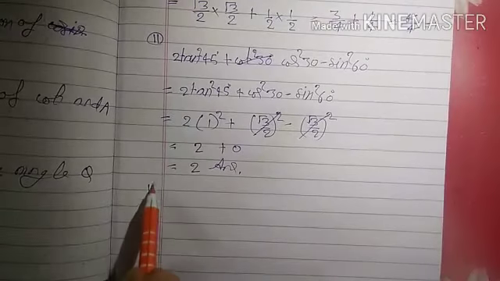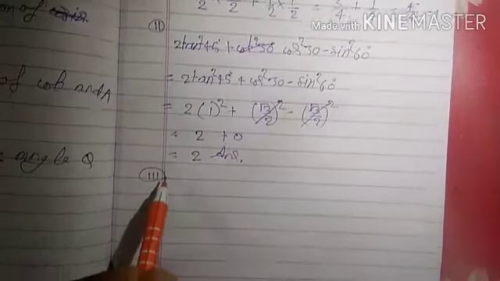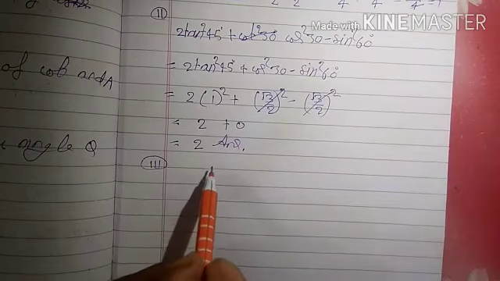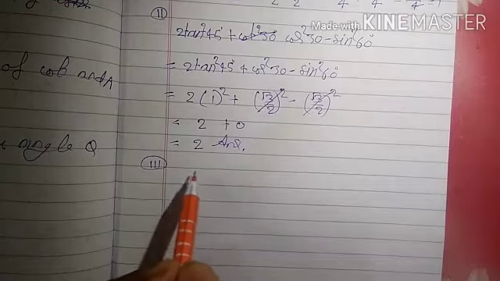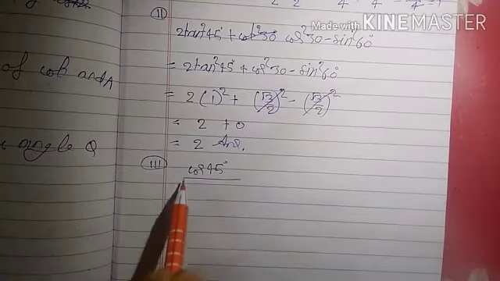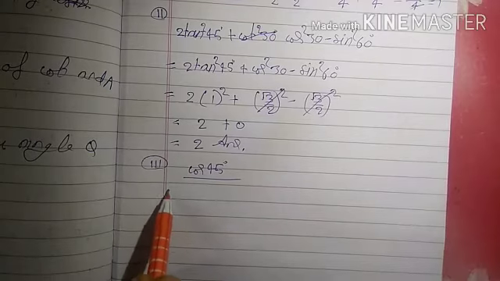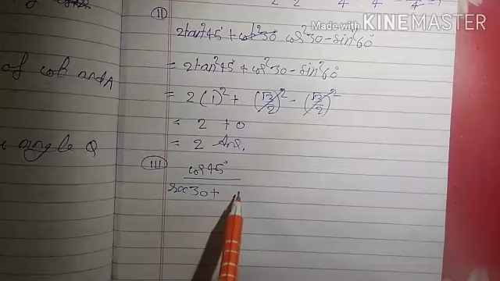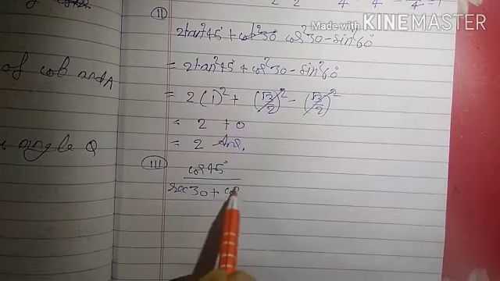Next, that is the third part. So the third part is cos 45 degree divide sec 30 degree plus cosec 30 degree.